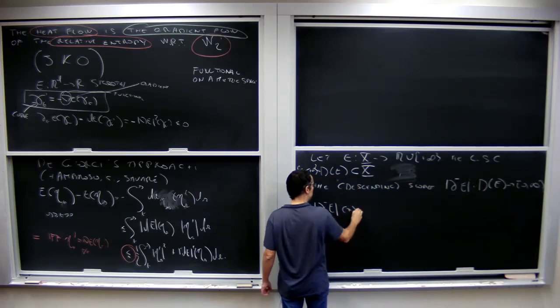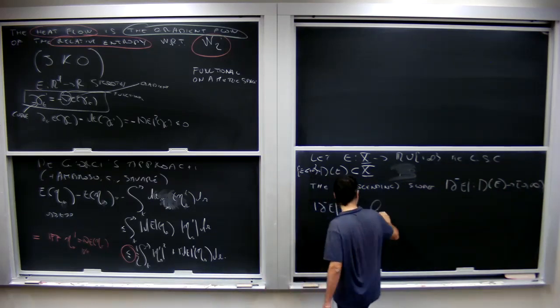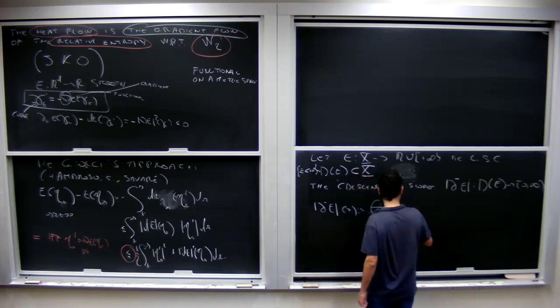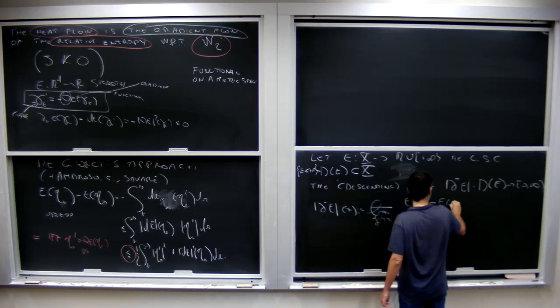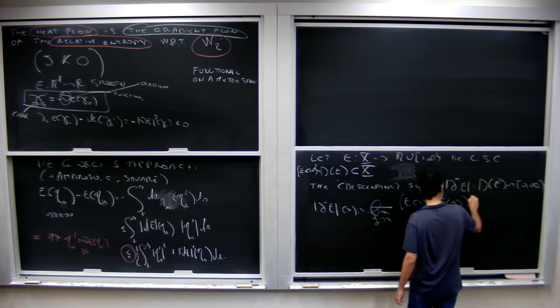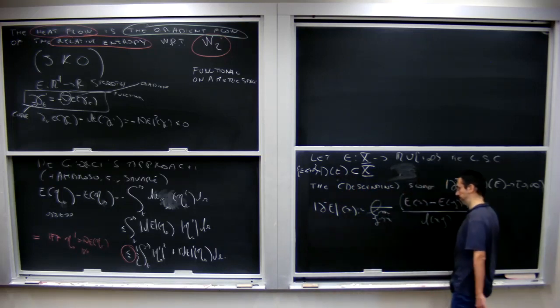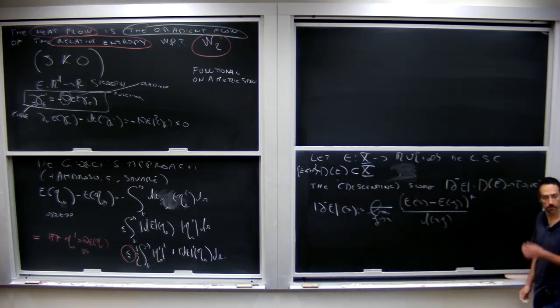The descending slope at any given point is the lim sup as y goes to x of the positive part of e of x minus e of y, divided by the distance between x and y. Okay, let's have a look at this formula for a moment. So what is it that this measures?